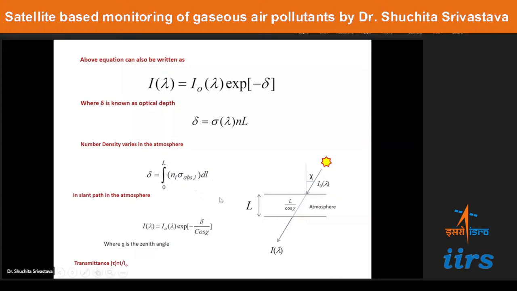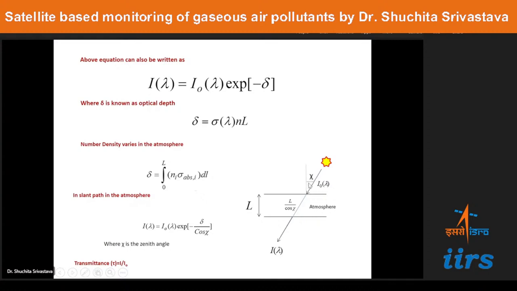Now consider another relevant piece of information in the atmosphere: light will not always be incident on the surface of the earth perpendicularly, right? It is not always possible that the sun is overhead. The sun will be making an angle with the vertical line, which is called the solar zenith angle and is shown here by chi.